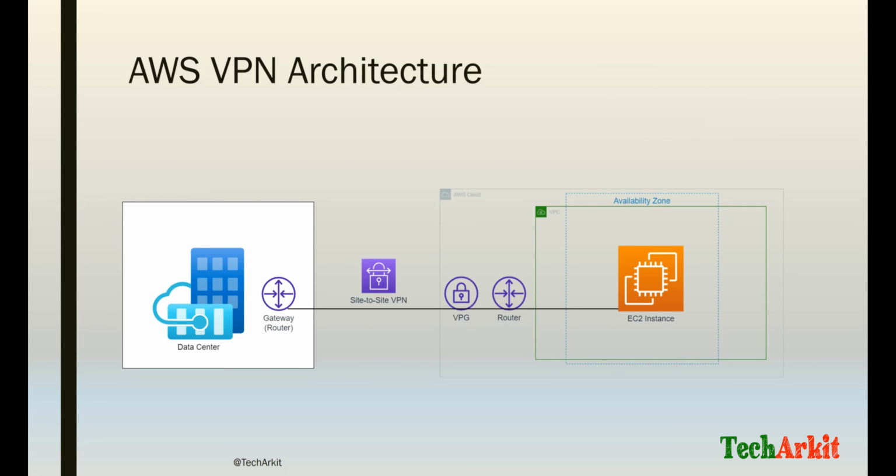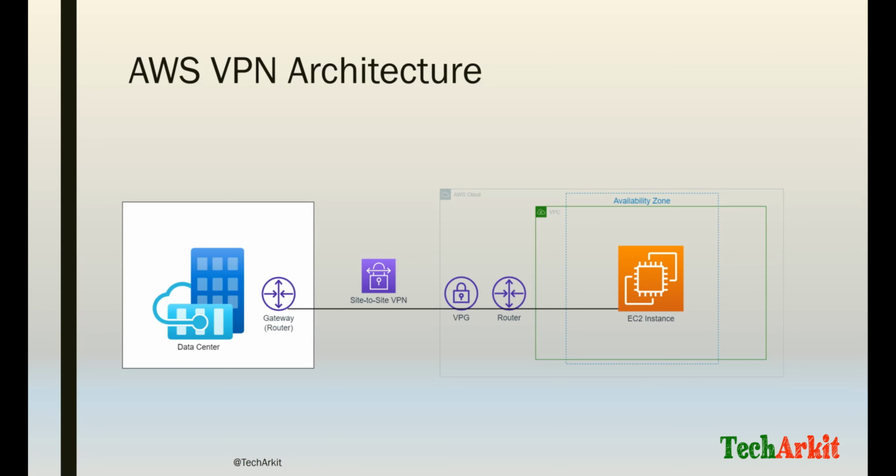So how does your VPN architecture look here? You can see that you have an on-premises data center, and you have a gateway, which might be your router, right? And you run a VPN tunnel between your AWS VPC and your data center using the VPG, which is a virtual private gateway, with router connectivity from your AWS to the VPC.